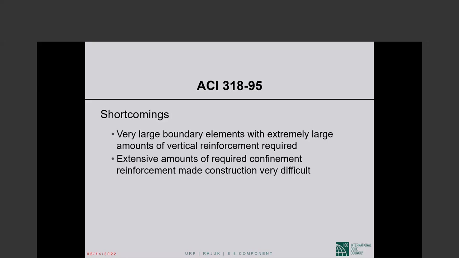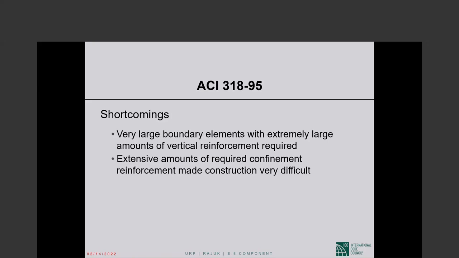In the case of a column, it is provided over the potential plastic hinge range. In the case of a shear wall, it had to be provided over the length of the shear wall, at the end of which the combined compression due to P sub u and M sub u goes down to 15% of f sub c prime.